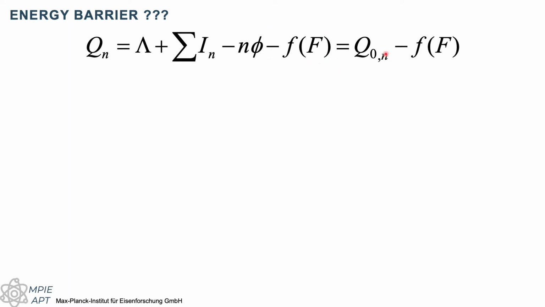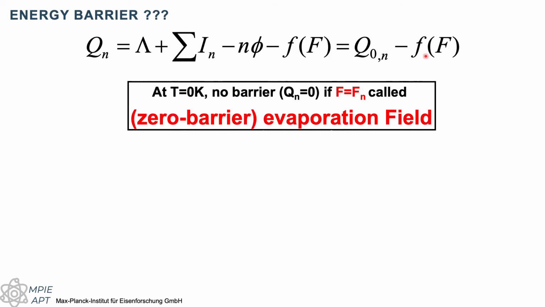And this can be written as a Q0, an energy barrier that you would need to remove the atom without the field, and this function of the field. At 0 K, the field that you need to put the barrier to 0 is called the zero barrier evaporation field. So it's typically the highest value that you would need to remove an atom without any thermal activation.